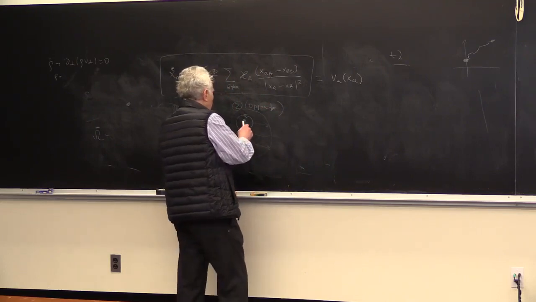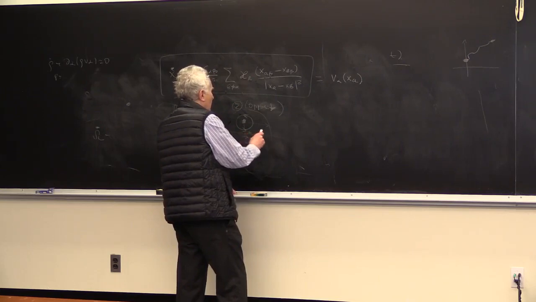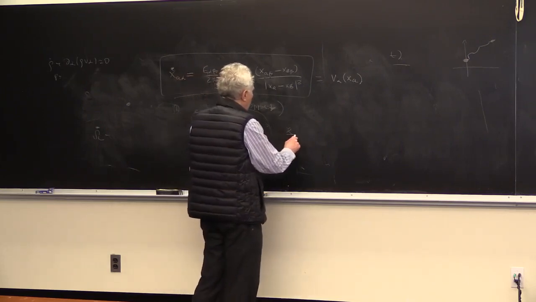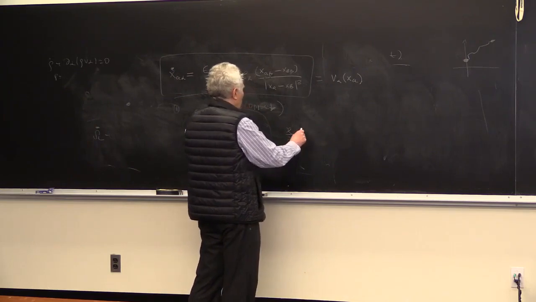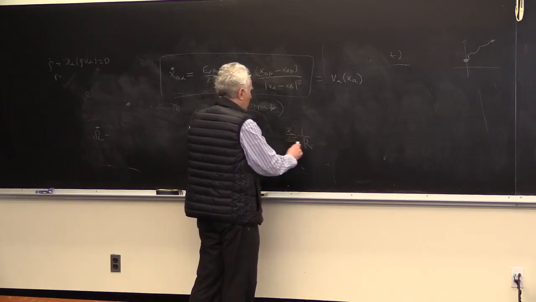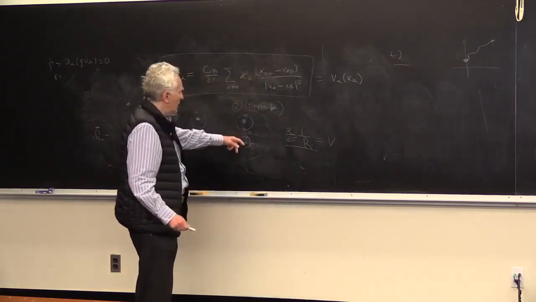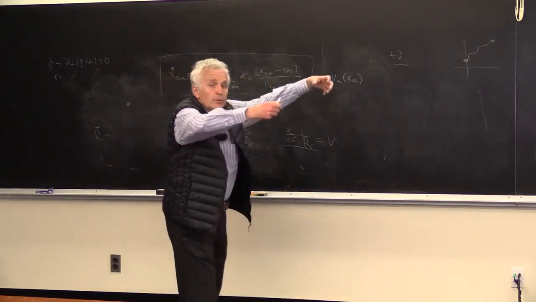You see the velocity induced by this guy, if this is the distance r, the velocity induced here will be kappa divided by 2 pi, 1 over r. And the same with this guy. So they simply move together.